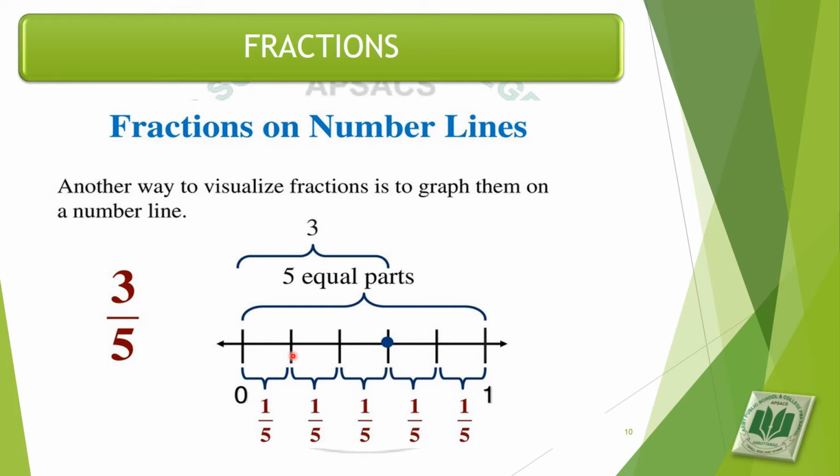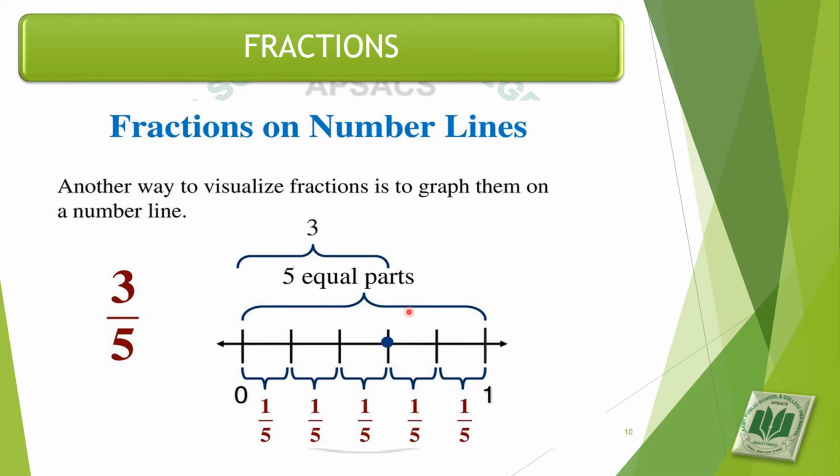This is 1 by 5, this is 2 by 5, this is 3 by 5, this is 4 by 5, this is 5 by 5, which is equal to 1. So where is our desired number located? Our desired number, that is 3 by 5, is located over here. This is the position, that is 3 by 5. So this is our required place.